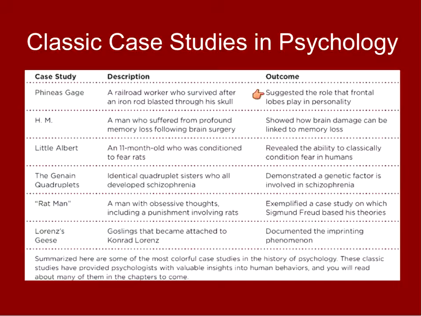And it damaged his frontal lobes, and his case study suggested that the frontal lobes play a role in personality. Why? Well, the most famous quote, I think, from the Phineas Gage case study is from a doctor who had worked with him before and after the injury. And after the injury, his doctor said Gage was no longer Gage. His entire personality was different.